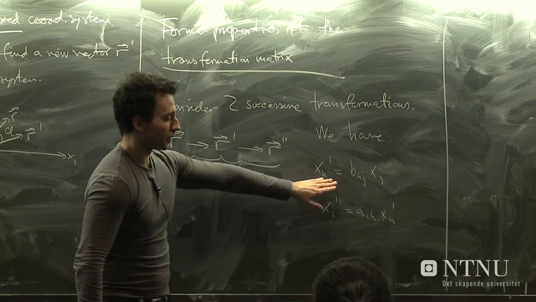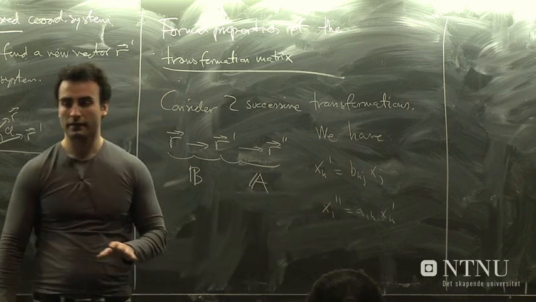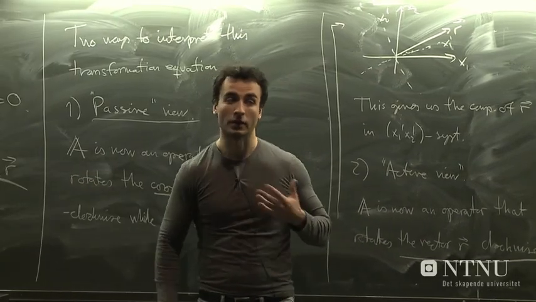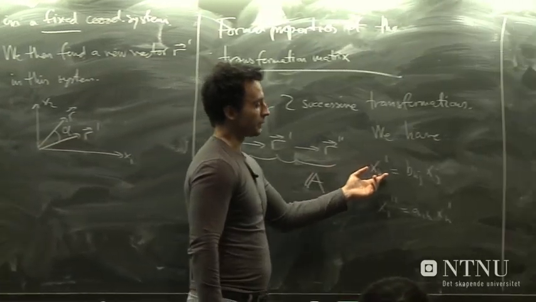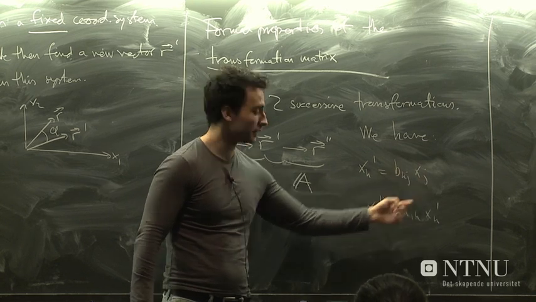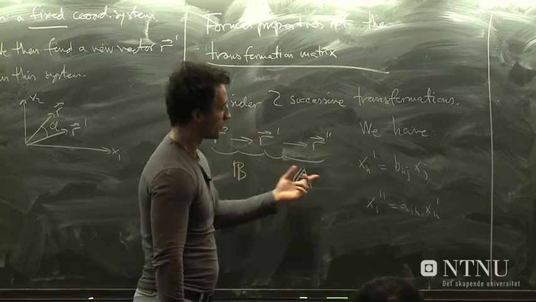We then have the following equations, which are just the matrix equation written out in component form. So x prime is obtained by letting B operate on the unprimed vector, and x double prime is obtained by letting A operate on the primed vector.